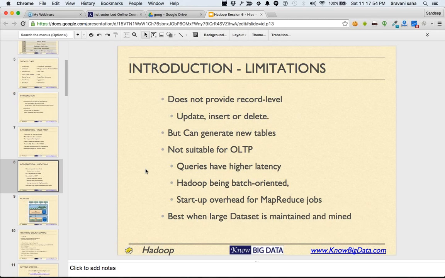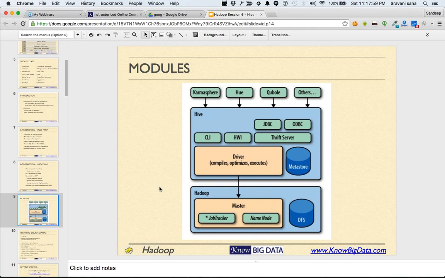This is great. Hive is great when you have a relatively static, huge data set and you want to keep it, mine it, and it's being maintained.